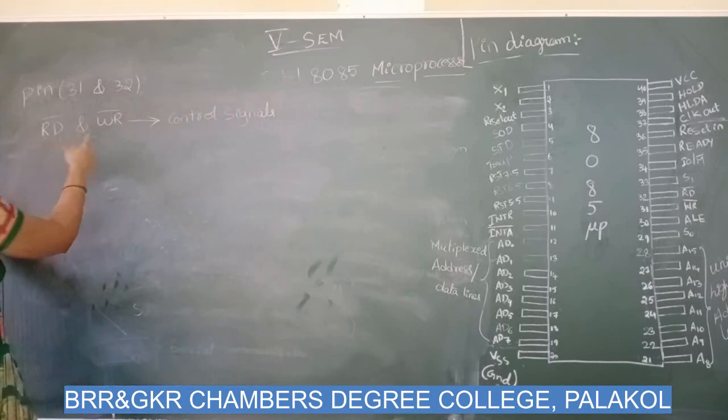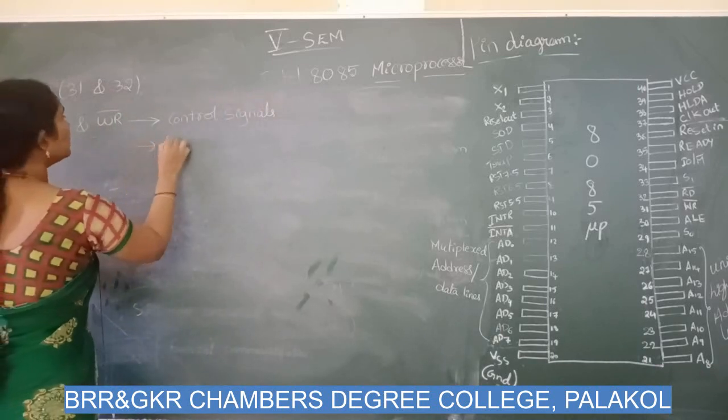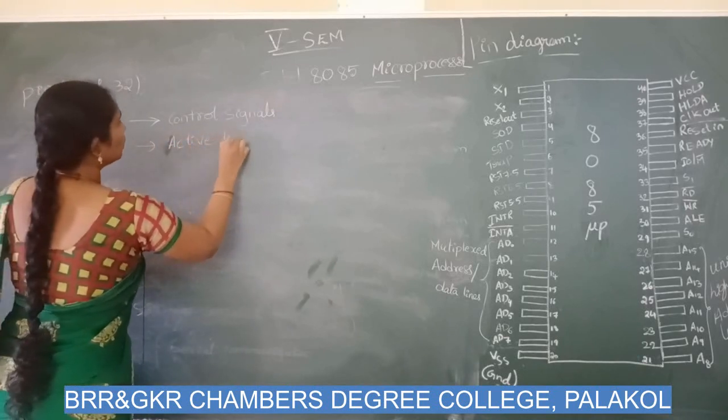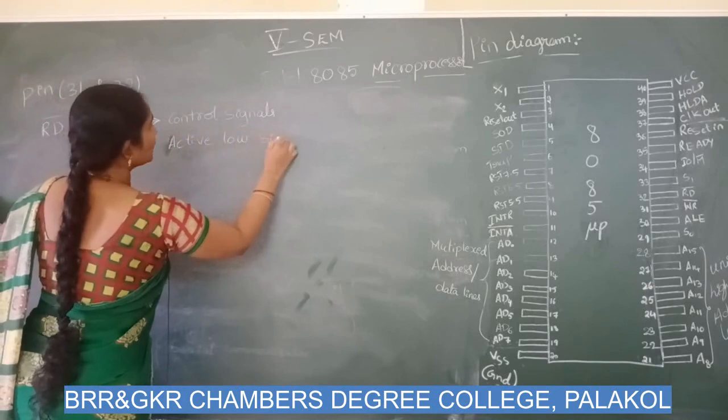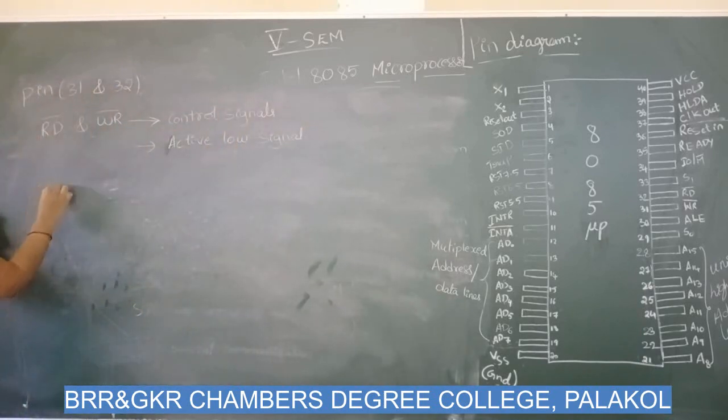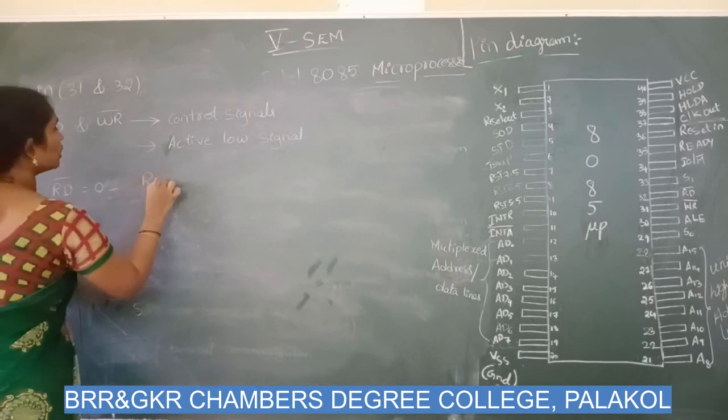These two pins are also active low signals. That means if RD bar is equal to 0, it will perform the read operation.